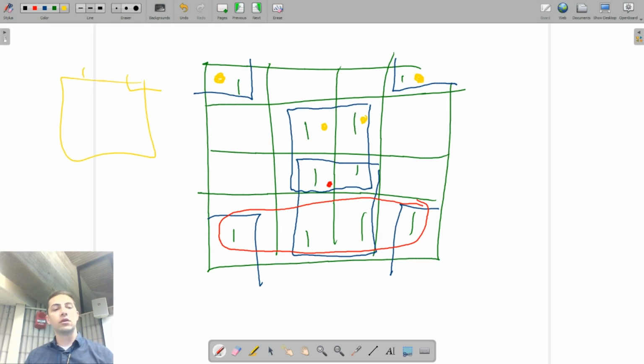Are there any other cells that are only covered by 1? No, there are not. So things that I know, the 4 corners, that's an essential prime implicant. And the one in the middle is an essential prime implicant.